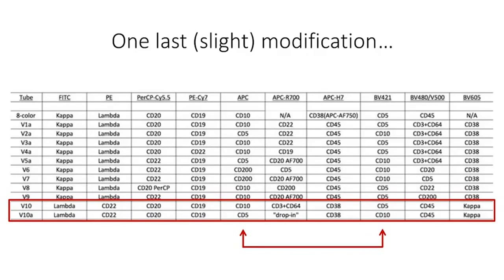But in our predicate tube, we had been using this for a number of years, and there were cases in which low-level CD10 expression, for example, in follicular lymphoma, was very difficult to resolve from background. And so we wondered whether moving CD10 into BV421 would help our resolution at the low end in terms of CD10. Next slide.